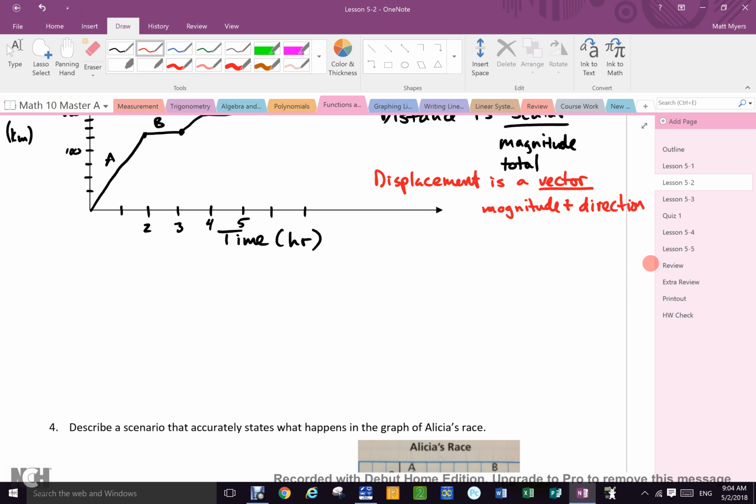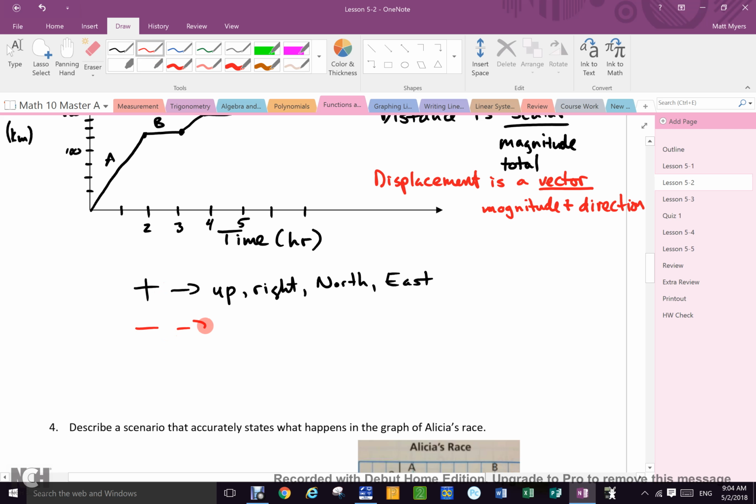So to make a graph work for real life, we've made some rules. And the rules are as follows. Positive numbers are up, right, north, east, and things like that. Everybody cool?